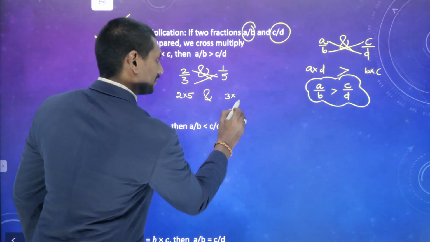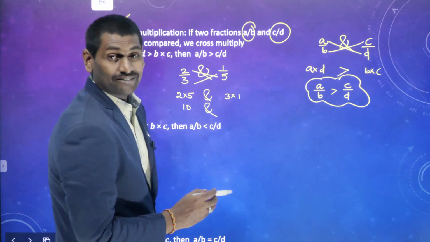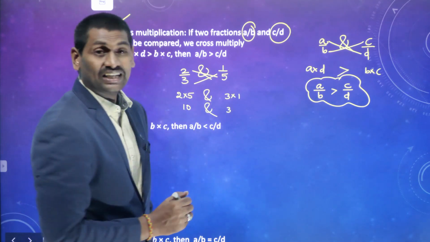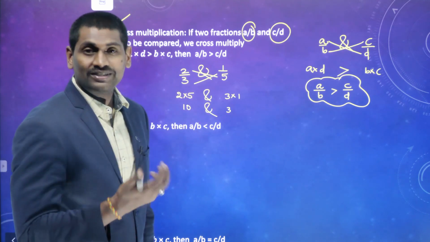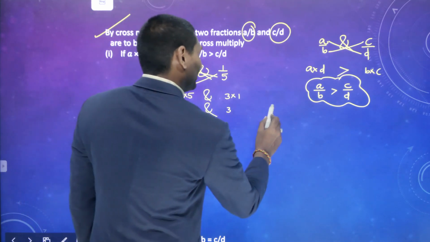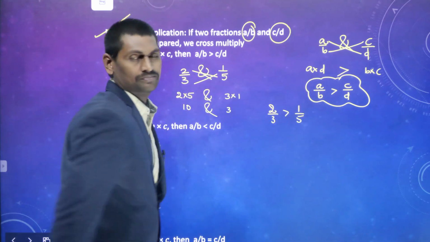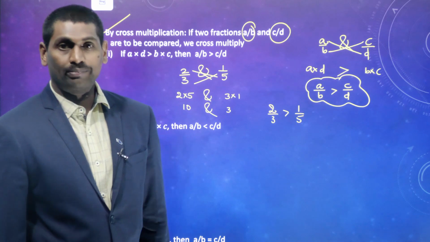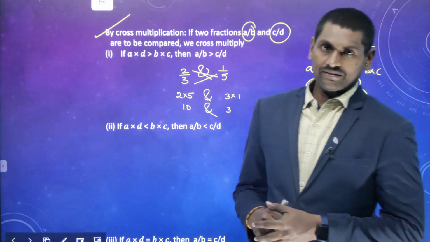So 2 fives are 10 and 3 ones are 3. Which is greater? Obviously 10. So we can say that 2 by 3 is greater than 1 by 5. We just applied the cross multiplication method.